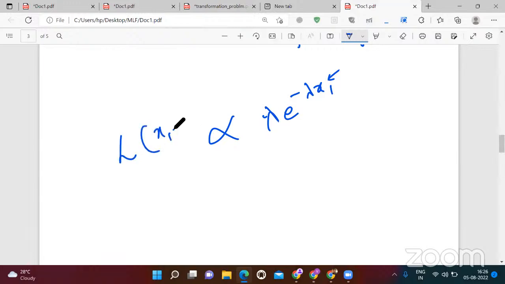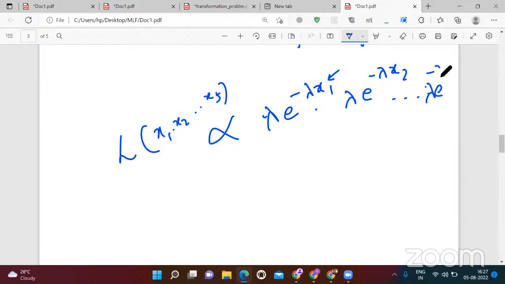Can somebody tell me how we generally write the exponential? Lambda e to the power minus lambda x1, right? Okay, so if this is data point 1, the likelihood function is proportional to this. So how will you write the likelihood function for x1, x2, up to x5? You can just multiply all the terms.